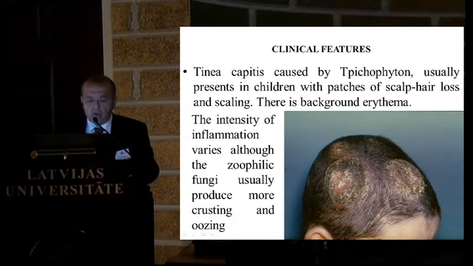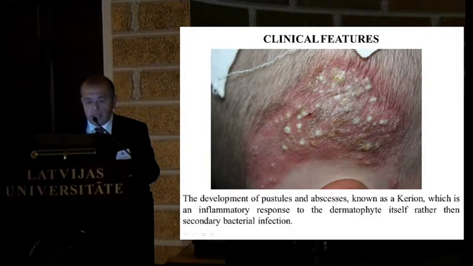Also, the zoophilic fungi usually produce more crusting and oozing. Here you can see pustules or abscesses, known as the kerion, which is an inflammatory response to the dermatophyte itself rather than secondary bacterial infection.